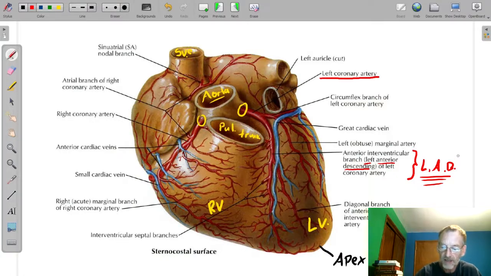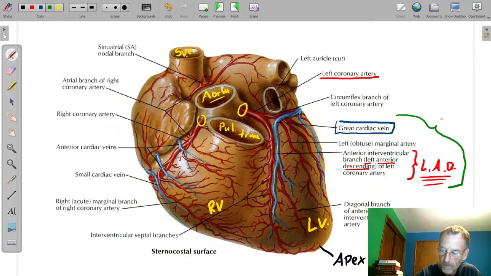And paired next to that is the great cardiac vein. There's our pair. And that anterior interventricular sulcus.